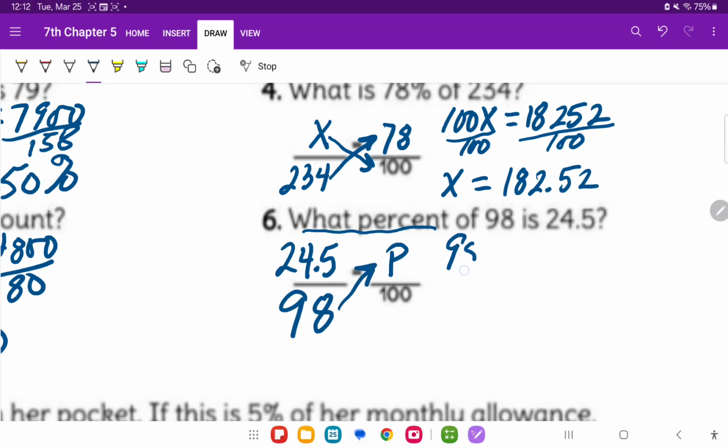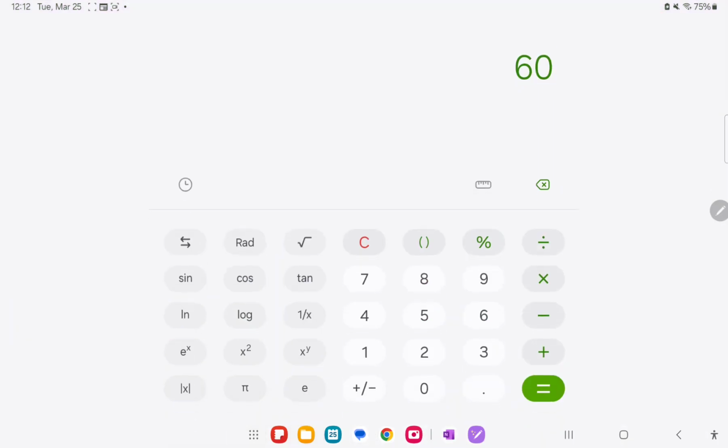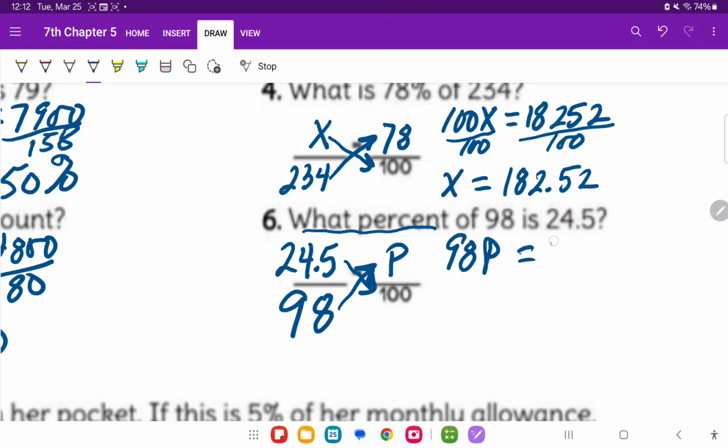That's going to give me 98p is equal to, and so we'll multiply right there. And so 24.5 times 100, that is 2,450. So then we'll divide by 98.